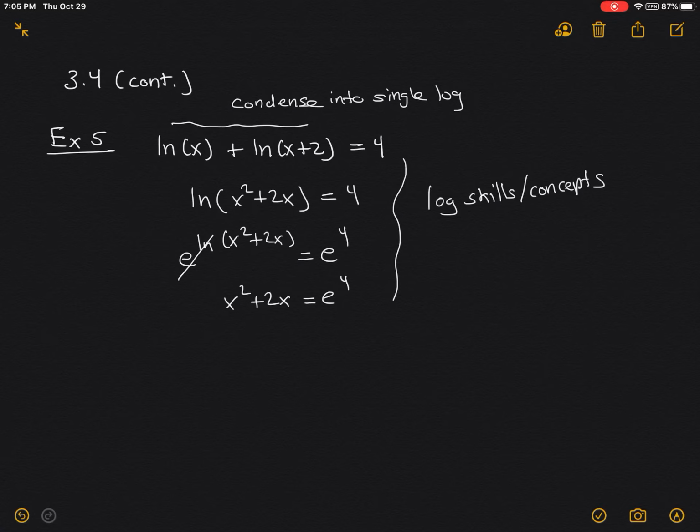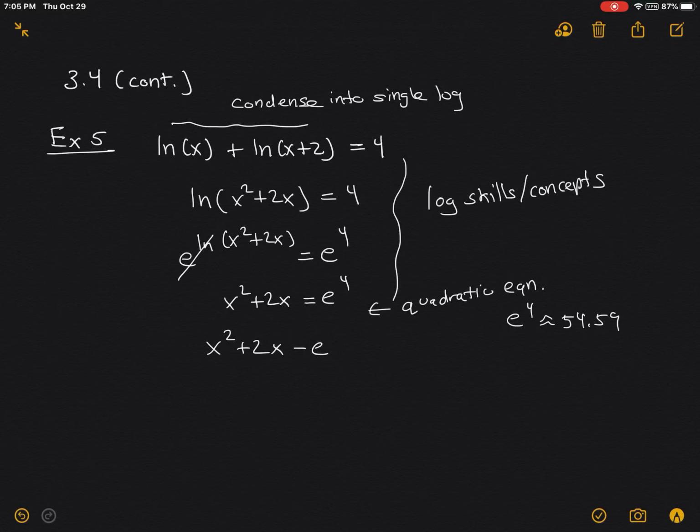And now what I'm trying to do is solve for what x is. Again, this is a quadratic equation, and you just have to know how to solve a quadratic equation. You have to move e to the fourth, that's a number. If you enter e to the fourth on your calculator, it is approximately 54.59.